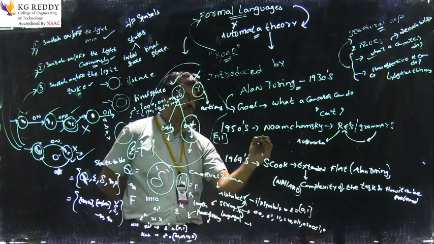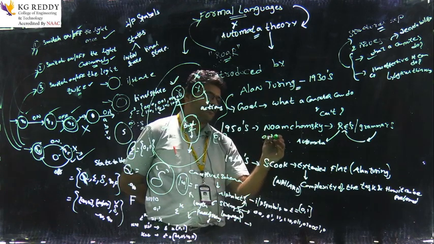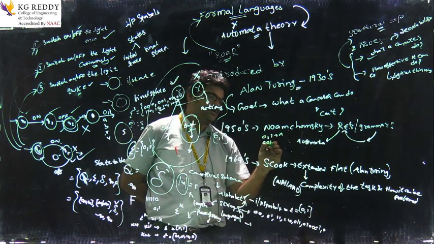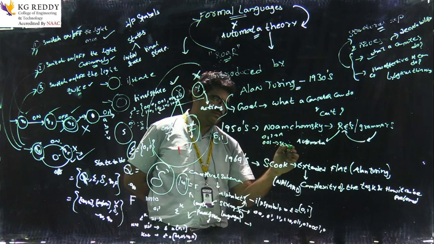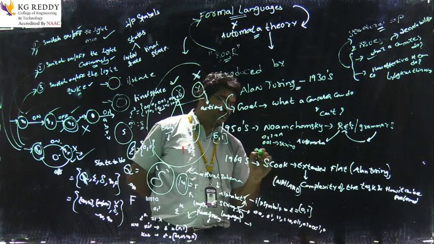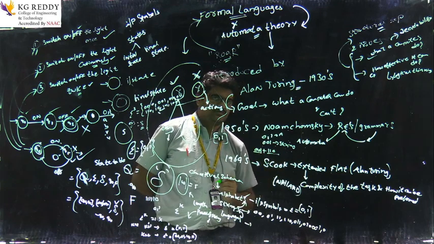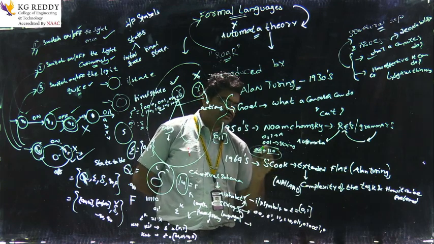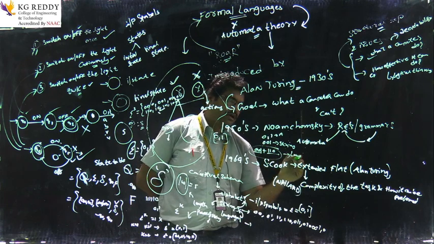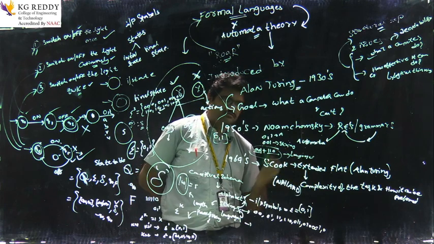For example, 0, 1 are the alphabets. 0 0 1 is a string. 0 0 1 plus 1 1 0: this is a string and this is a string. The combination of two strings is called a language.